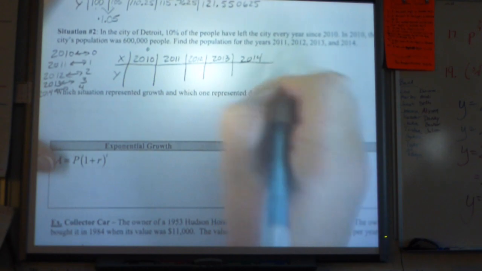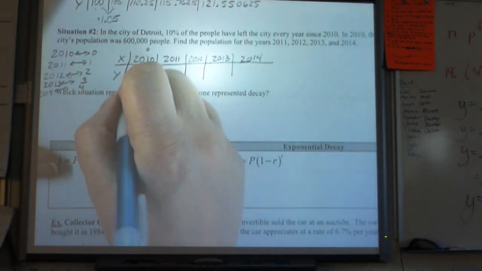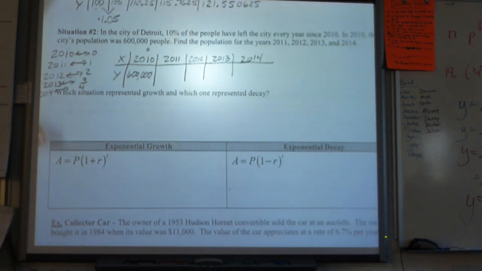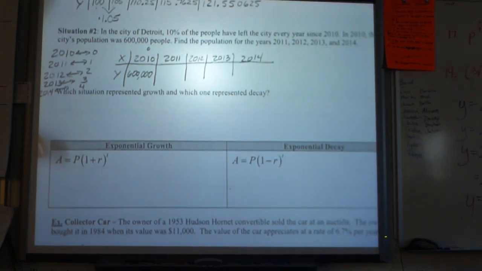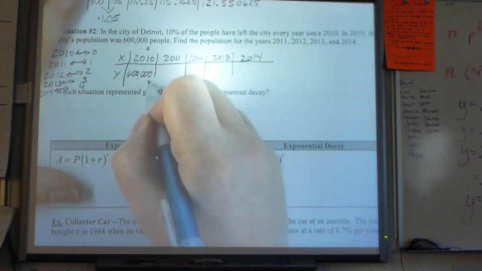Okay, so in the beginning, our population was 600,000 people. And then it's declining enrollment. So after the first year, we have 10% of the people left. If 10% of the people left, what percentage of the people are remaining? Good, 90%. So I want to know what 90% of 600,000 is. So I'm taking that 600,000 and multiplying it by 90%.